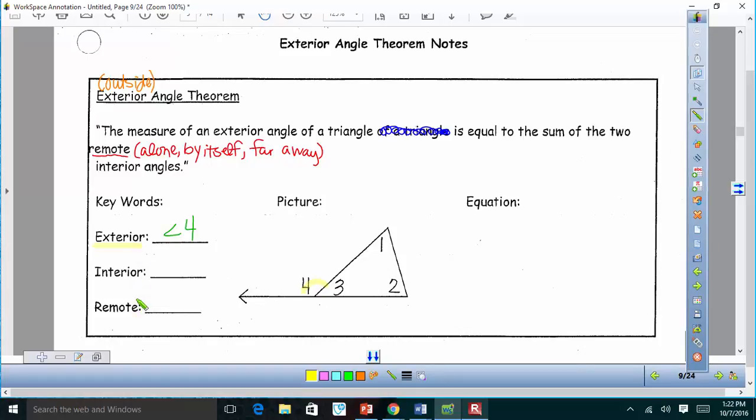Okay, now, interior means what? Inside. Technically, all three that are left are inside. But for this purpose, our inside is going to be the one inside and connected to that exterior angle. So which one's inside and connected to the exterior angle? Angle 3. Very good.